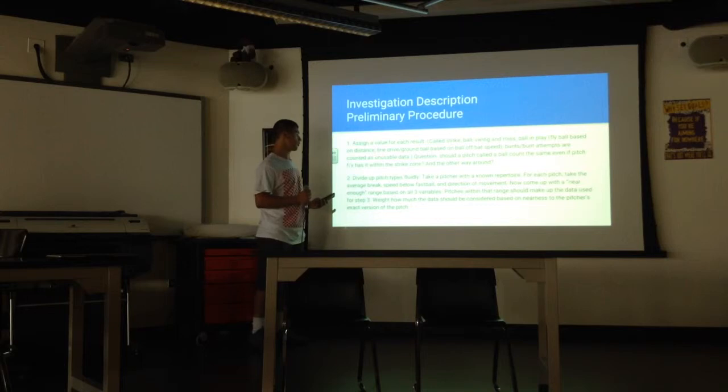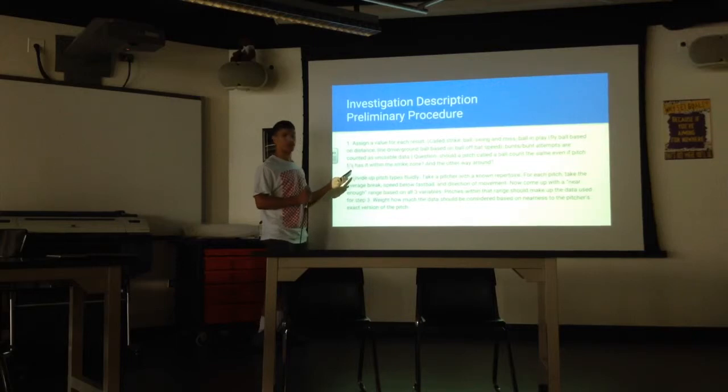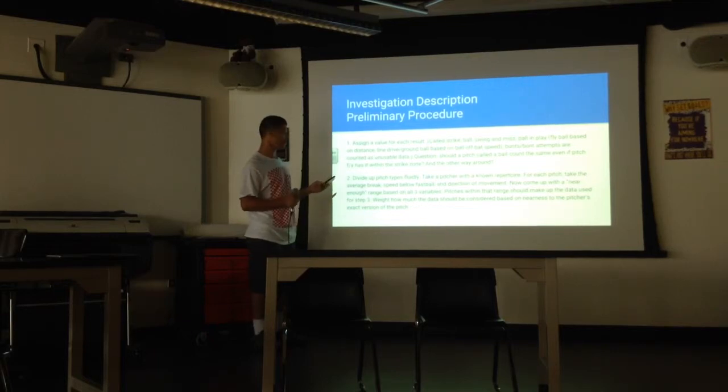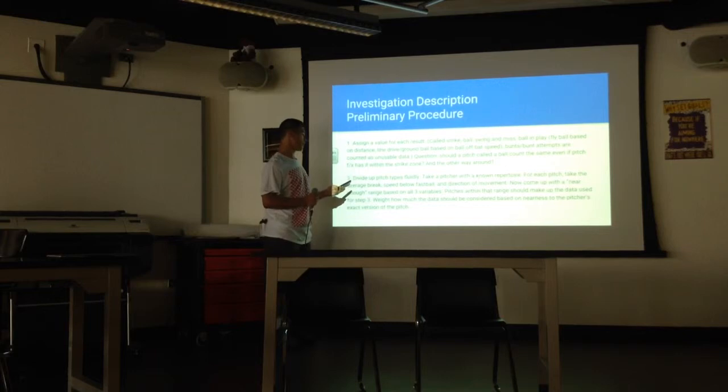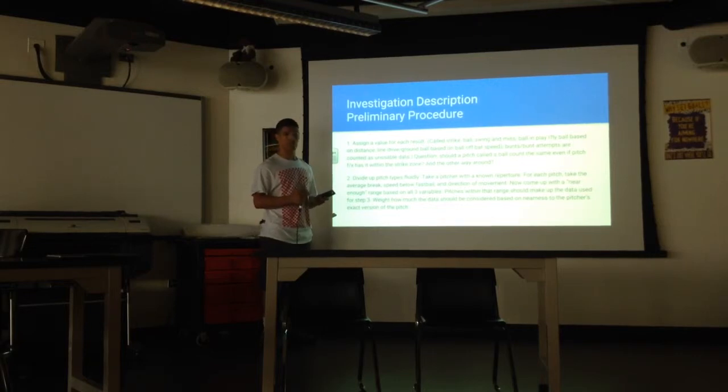So here's my procedure. The first step is to make a statistic that shows success against any given pitch. The next step is to divide up pitch types, but I don't want to categorize them. I want it to be fluid, because one pitcher's slider is sometimes really similar to another pitcher's cutter.